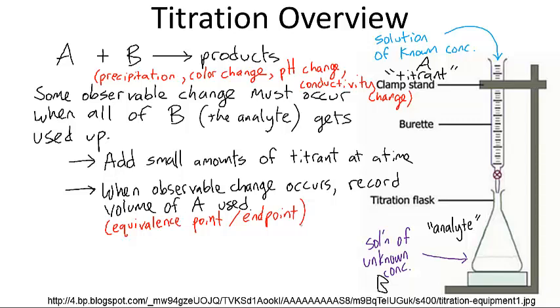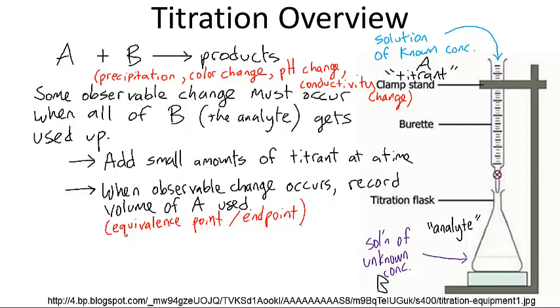At that point, if you record the volume of A that you used, and we said we knew the concentration of A, if I know the volume of A and the concentration of A, what can I figure out about A? If you know the volume and concentration of a solution, you can figure out number of moles. Once I can figure out number of moles, I can do stoichiometry.